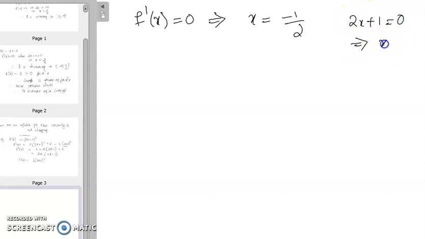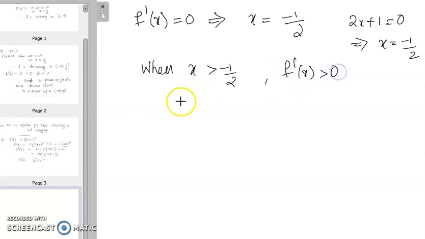That implies x is equal to minus 1 by 2. When x is greater than minus 1 by 2, f dash of x is greater than 0. Similarly, when x is less than minus 1 by 2, f dash of x is also greater than 0.